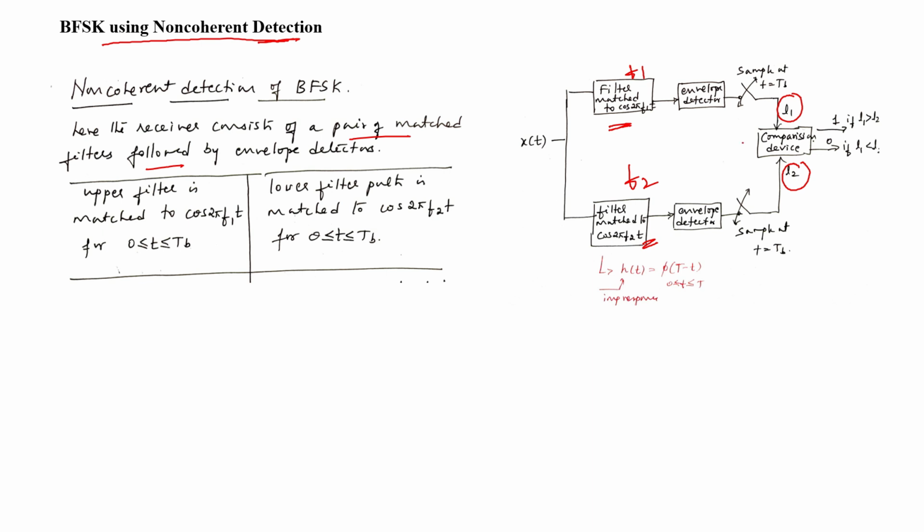There is a comparison device which compares the two values L1 and L2. If L1 is greater than L2, the comparison device will generate 1. Otherwise, it generates 0.